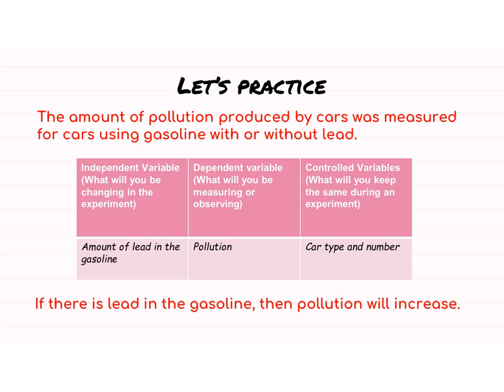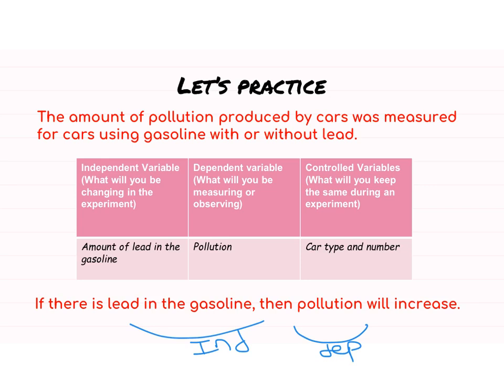So how to write the given hypothesis? We'll start with the if. So if with the independent variable. So if there is lead in the gasoline, then the dependent variable, which is the pollution, will increase.